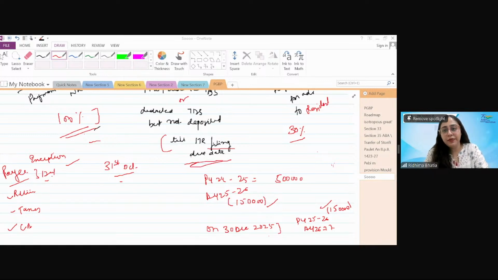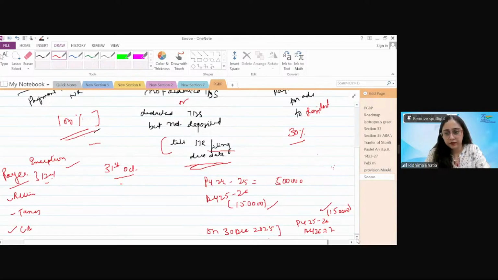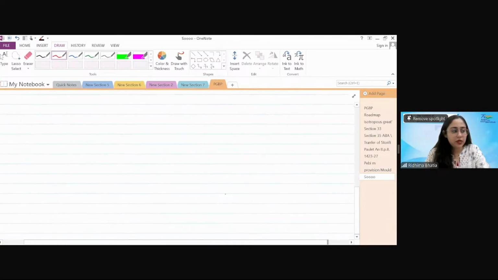Next, I'll pick up in the same line, is disallowability under section 40A(3). बीच में एक आध है, I'm skipping that, 40 clause A sub clause 3. और इसमें, this is a very typical section.